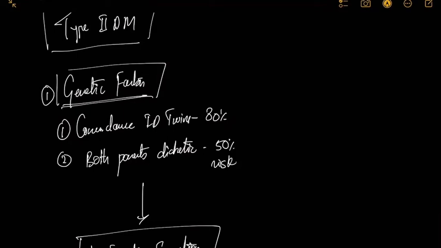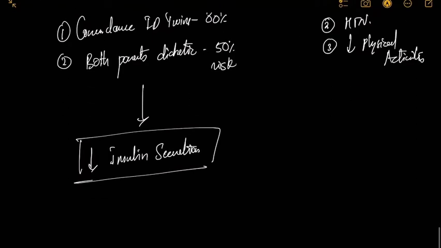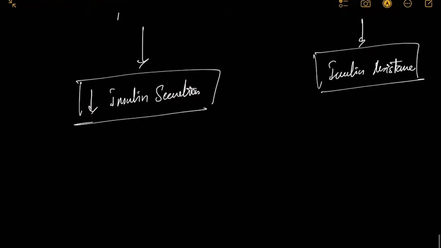Now there can also be some constitutional factors, such as obesity, hypertension, and decrease in physical activity, which leads to insulin resistance. Now this insulin resistance can be a receptor defect or post receptor defect.